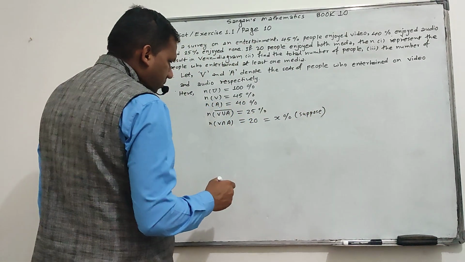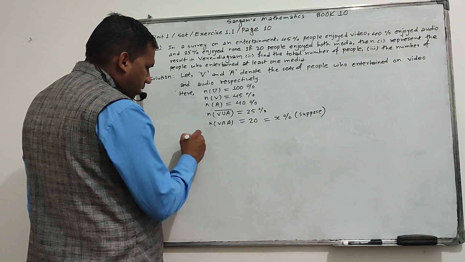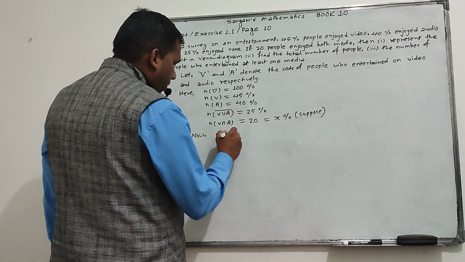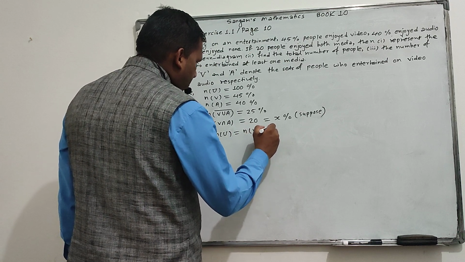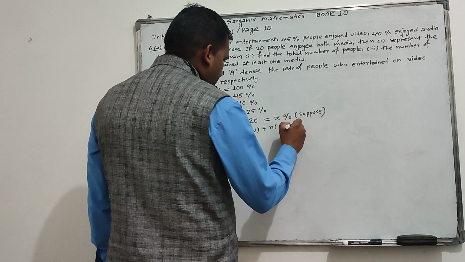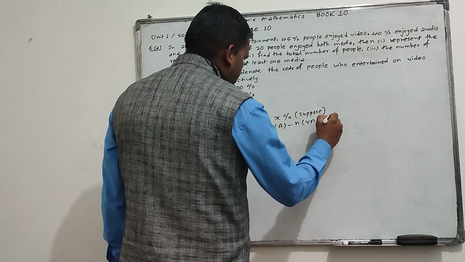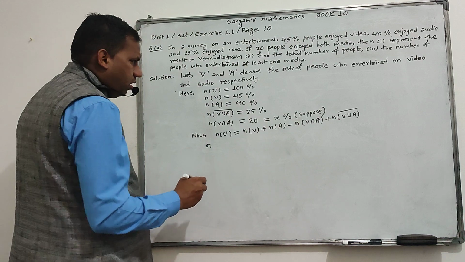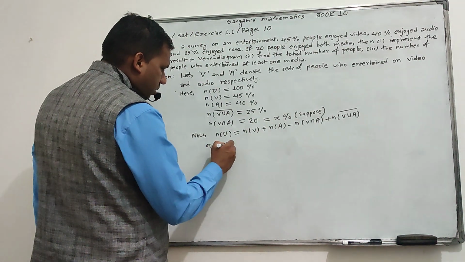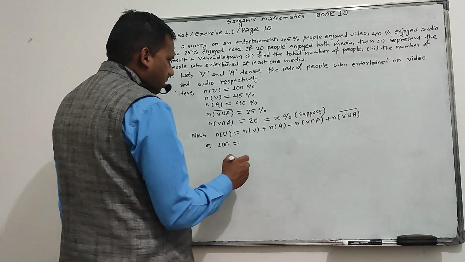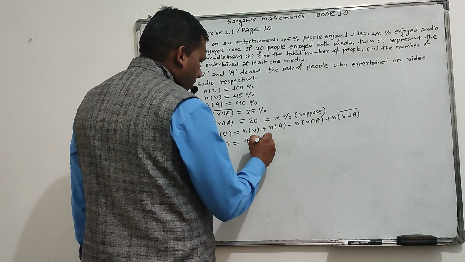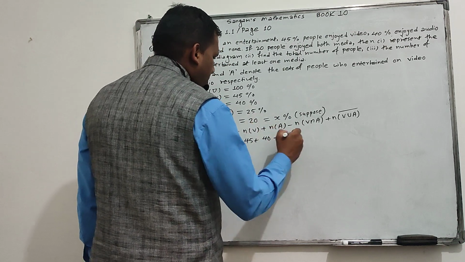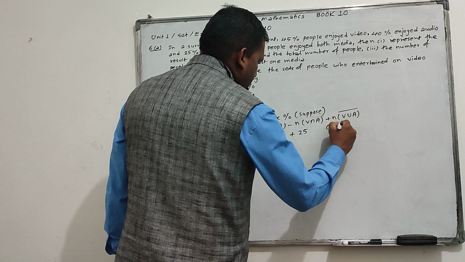Now, n(U) equal to n(B) plus n(A) minus n(B intersection A) plus n(B union A whole complement), or 100 equal to n(B) in percentage, that is 45, n(A), that is 40, n(B intersection A) we suppose X, so X plus complement 25, all in percentage.